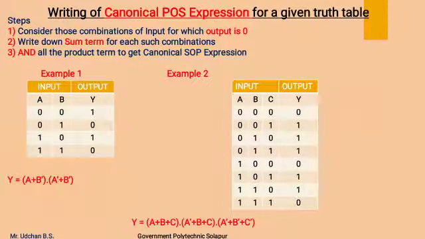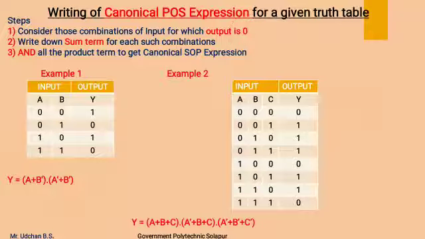Now next we will see how to write a canonical POS expression for the given truth table. So again here there are 3 steps. First we have to consider the input combination for which the output is 0. Now here as we have to write the POS expression, we are going to write down the sum terms for each such combination for which the output is 0.